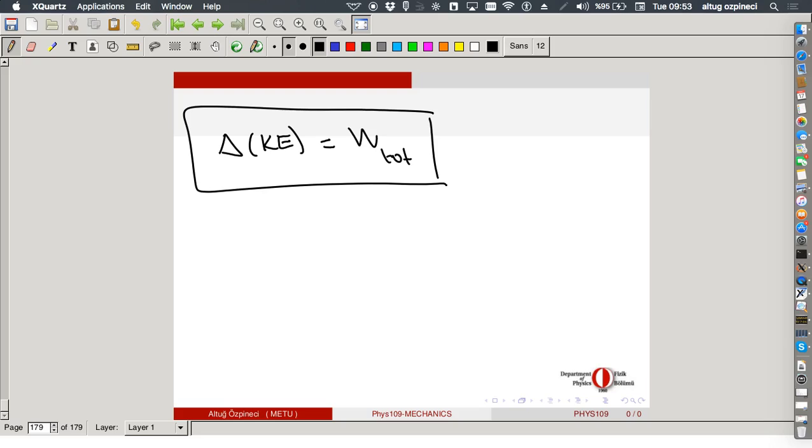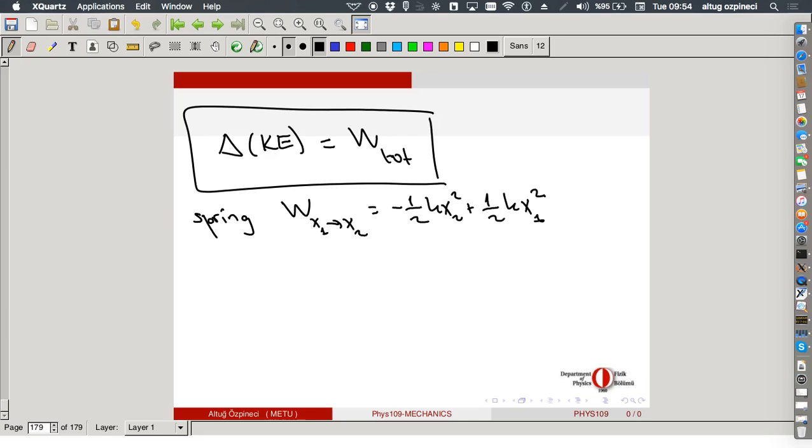Now we had seen some different forces doing some work. In the case of the spring, we had seen that the work done as you go from point x1 to x2 was equal to minus 1/2 k x2 squared plus 1/2 k x1 squared.